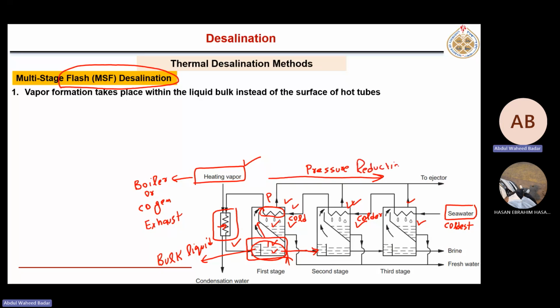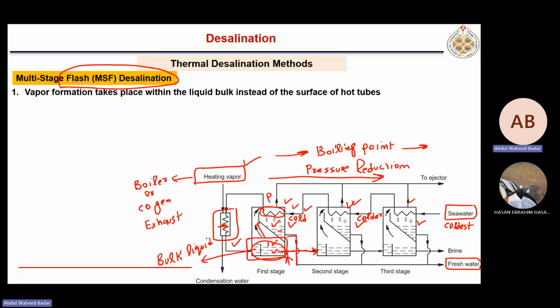As we move from left to right, in each stage, pressure is gradually dropped, which means the boiling point is also reducing in this direction. Okay, so whatever water has been evaporated, it will be condensed when it comes in contact with this cold fluid. So this condensate is pure water which will be separated here. That is the fresh water.